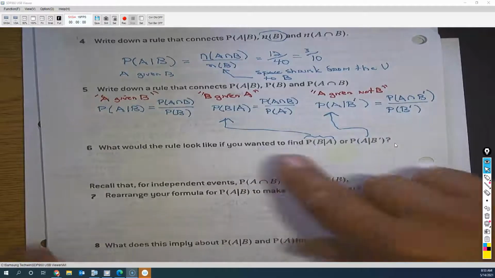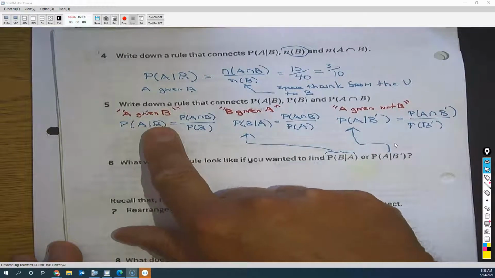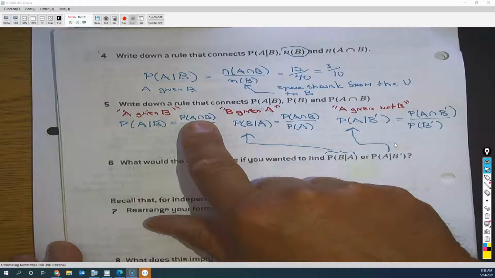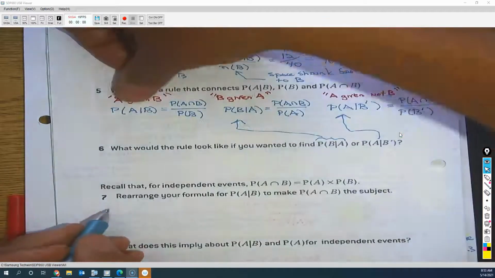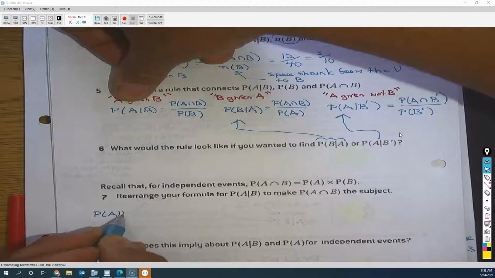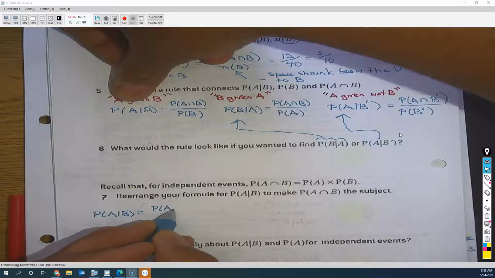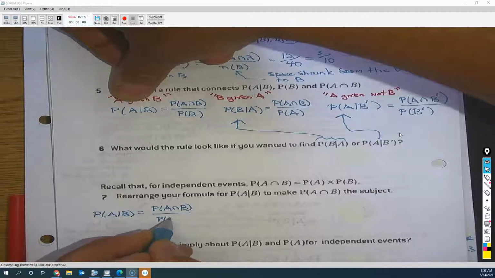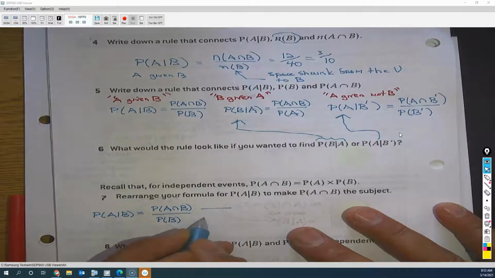So what we're going to do is take this formula up here and rearrange it so that the intersection is by itself. So if I take this formula that we got back up here, A given B equals the intersection divided by PB, now you're going to rearrange this.